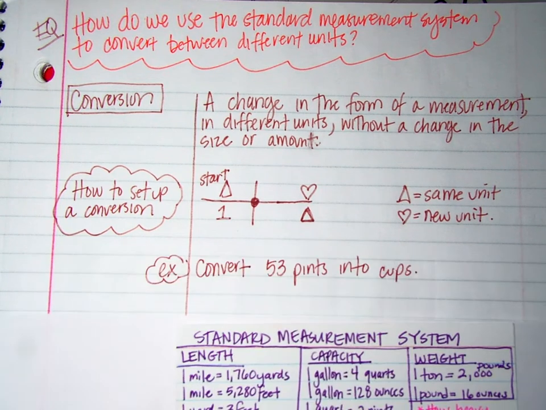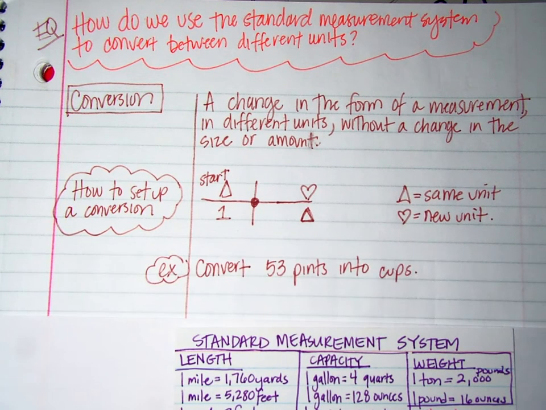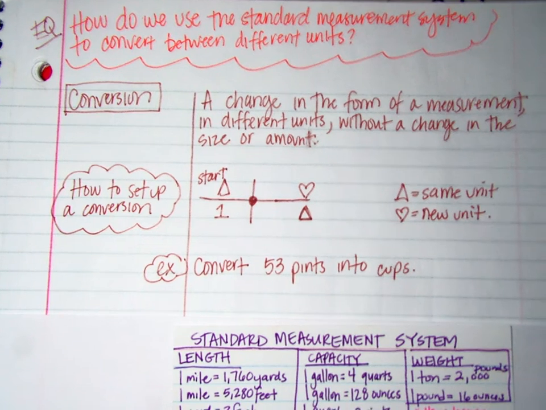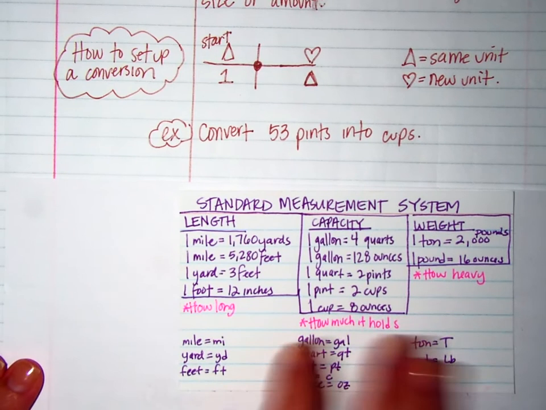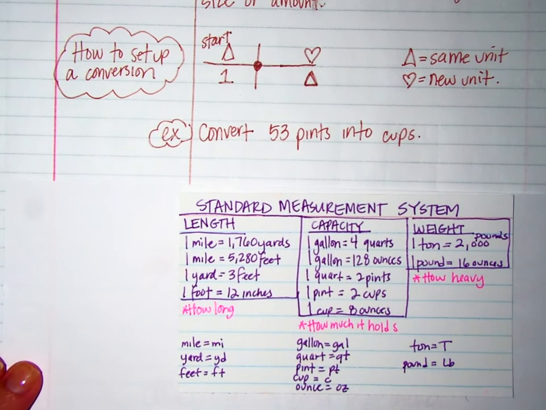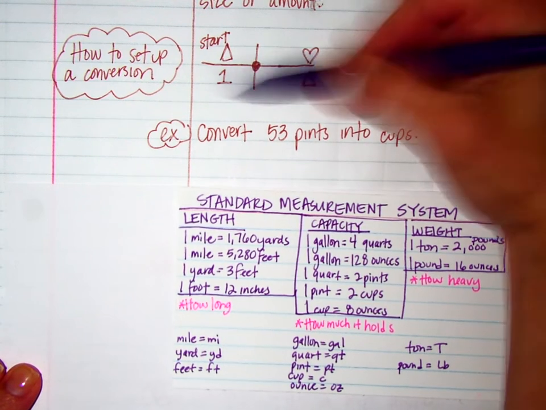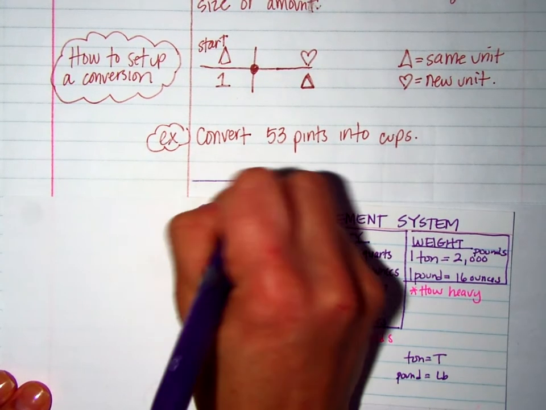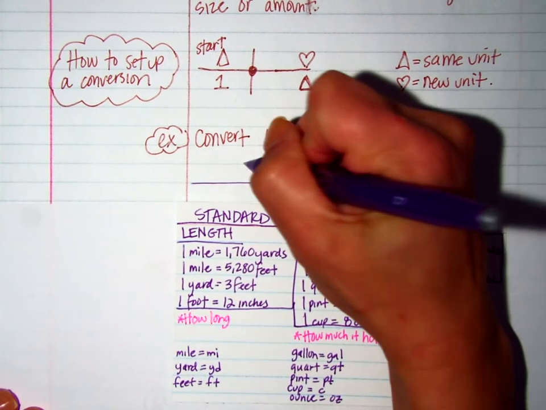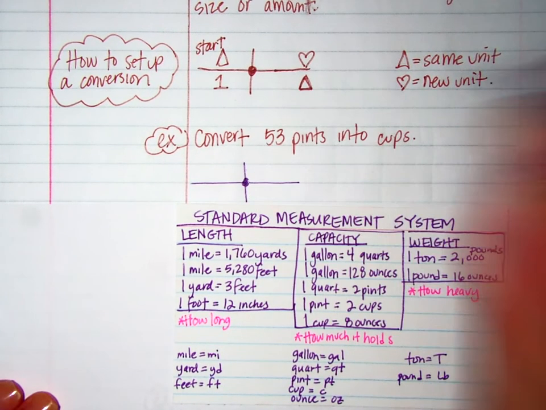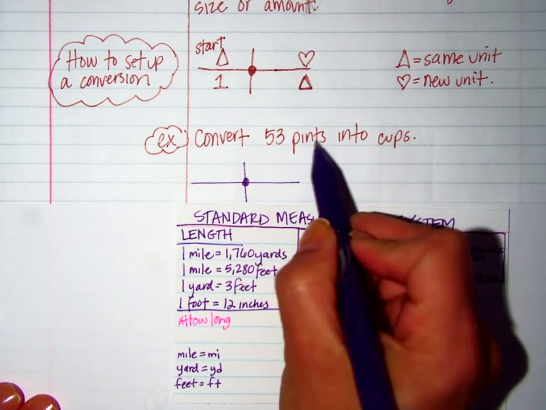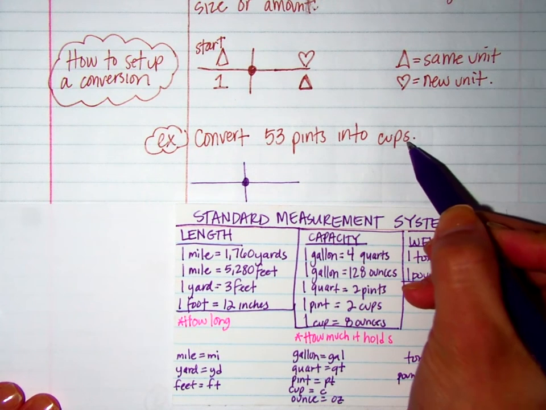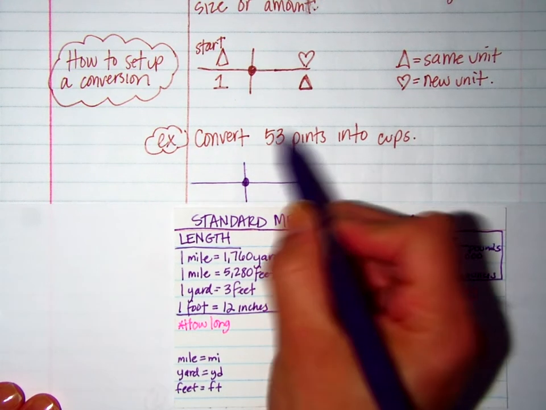We want to convert 53 pints into cups, okay? So let's take a look. First, I know that I need my first fraction, okay? And I'm going to draw this out like this. And we want to convert 53 pints into cups. That means that this is what we start off with.